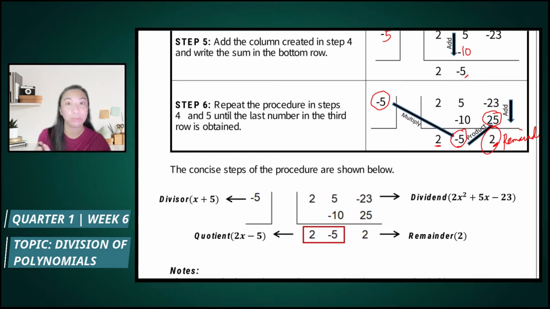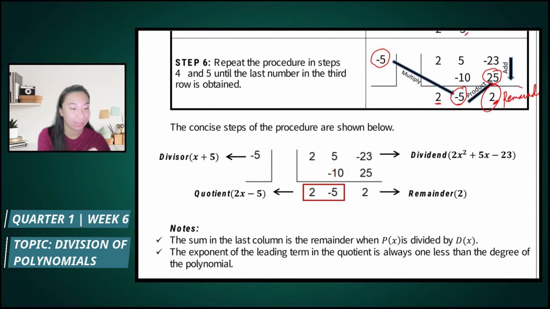So, how are we going to write our answer? Let's have this here. The concise steps of the procedure are shown below. We have the divisor, x plus 5, and this is the coefficients of our dividend, which is 2x squared plus 5x minus 23.